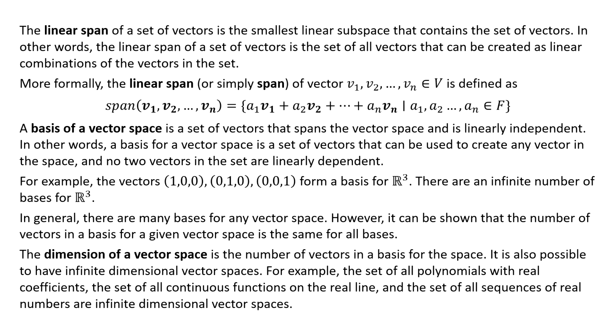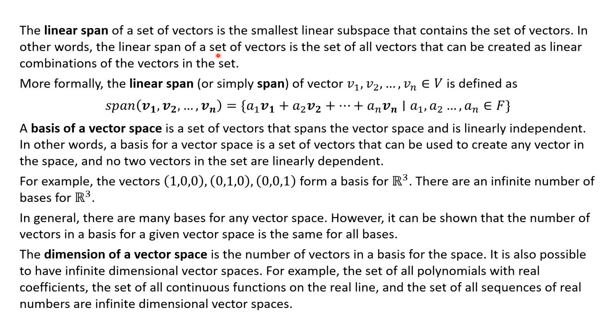We have some more concepts on this slide. These are basically extensions of what we know from three-dimensional Euclidean space, which you've seen in high school, maybe some calculus classes, either in high school or college. So just keep that in mind as you see this here. A linear span of a set of vectors is the smallest linear subspace that contains the set of vectors.